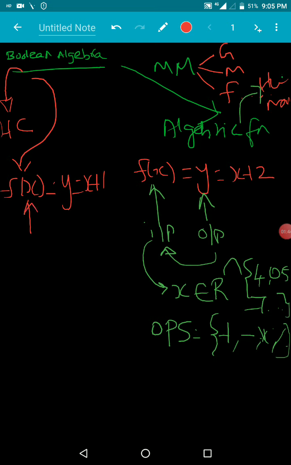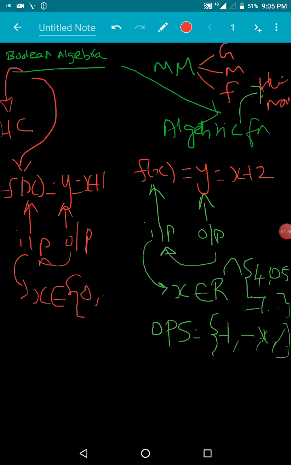Here, x is the input and y is the output. The output value must be dependent on the input value. The input value can be only 0 or 1, because machine language understands only binary language.